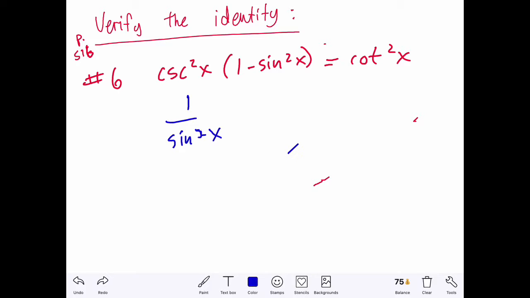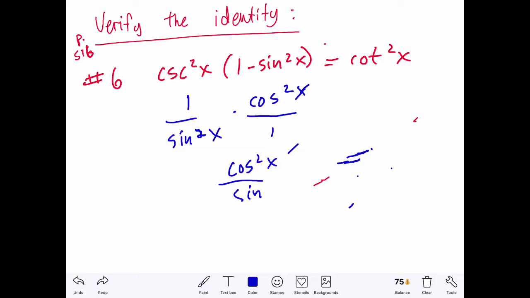We're using the reciprocal identities, okay? And then I know 1 minus sine squared is the same as cosine squared of x. When I multiply those two, that's essentially cosine squared x over sine squared x. Well, cosine squared over sine squared is cotangent squared of x. So cotangent squared of x equals cotangent squared of x.